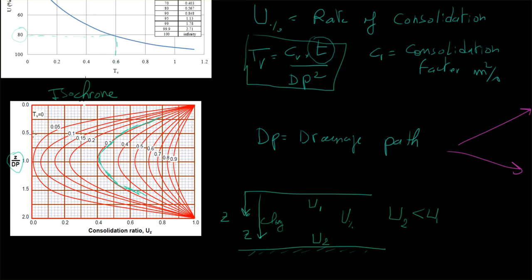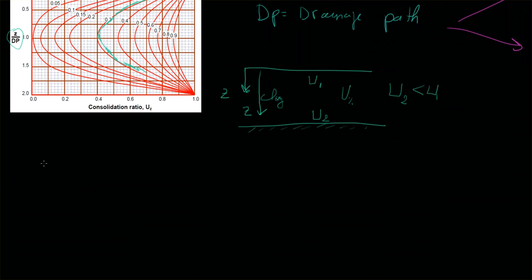We have Z over dp maybe half, and TV maybe 0.3. We go to this curve, then we go down, and we read the value of Uz. So that's one way. With this method, you can find TV first, then find U.